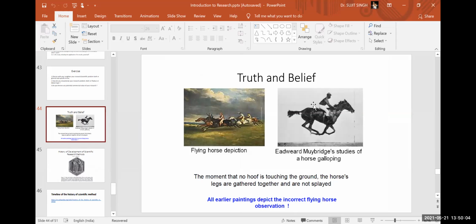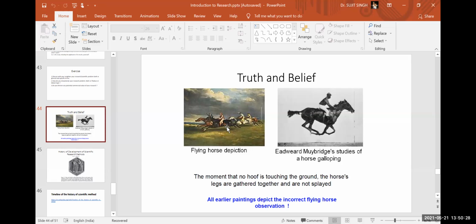But if you see the real picture of the flying horse, when all the legs are in the air, they are like this. So this is the truth, and generally we believe looking at the painted picture. So we have to be very conscious to differentiate between the truth and wrong beliefs.